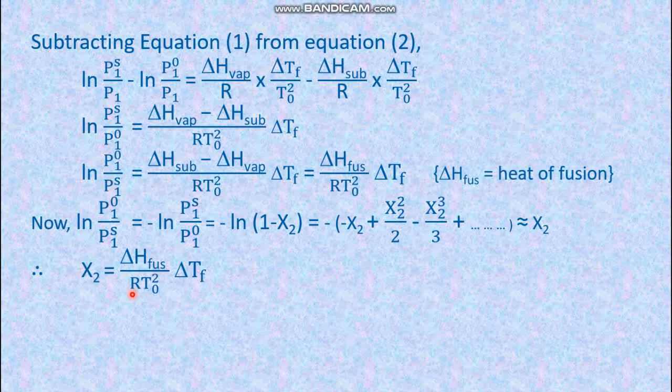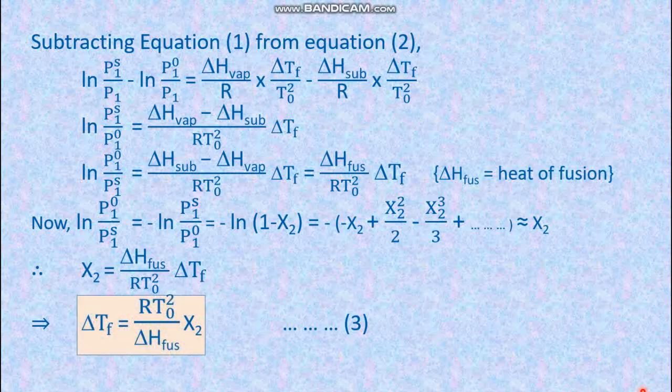So x2 has the expression delta H of fusion by RT square into delta TF. And finally we get equation number 3, where we get the expression of delta TF, that is the depression of freezing point. So the expression of depression of freezing point is delta TF equals RT0 squared by delta H fusion into x2.